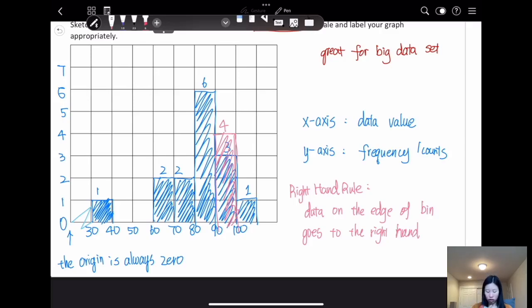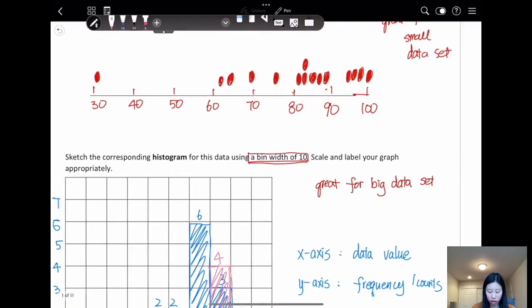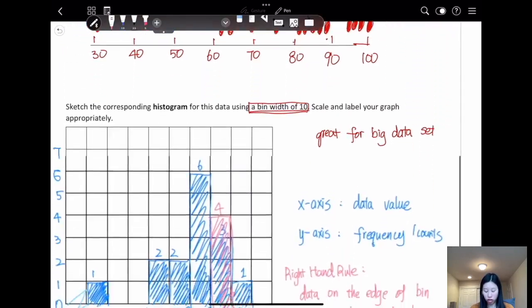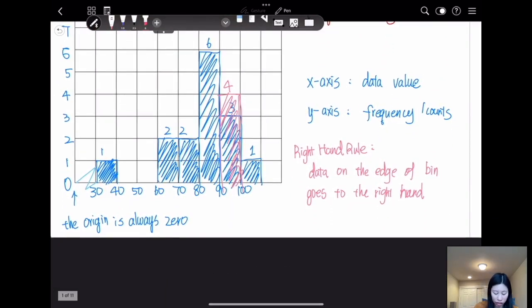Look, we have 70. Instead of considering 70 to be in the range of 60 to 70, we consider 70 to be in the range of 70 to 80. And then 100 is in the range of 100 to 110. So now you can consider that this bin includes the left end but not the right end.